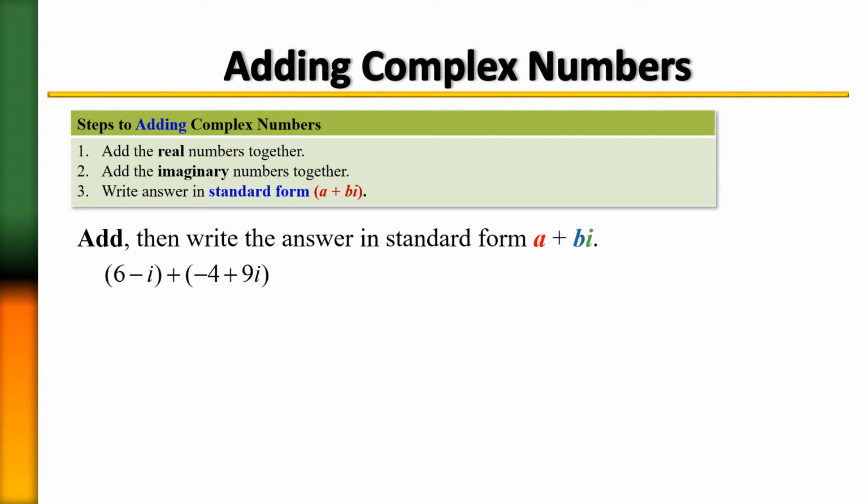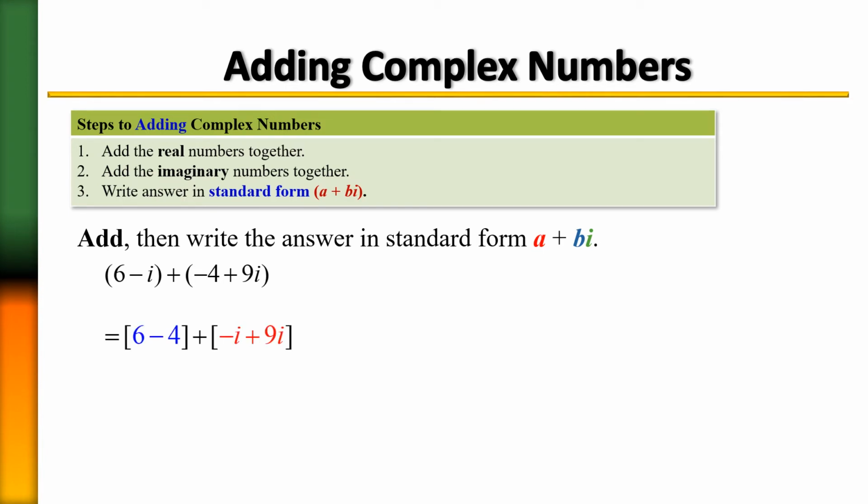If we add the real with the real, we're combining a positive 6 with a negative 4, and that's going to give us a 2. For the imaginary part, anytime you have a variable by itself, it is understood to have a coefficient of 1. So with the imaginary part, you are combining a negative 1 with a positive 9, and that's going to give you positive 8i.